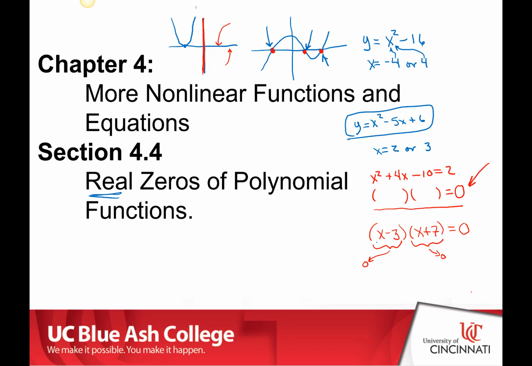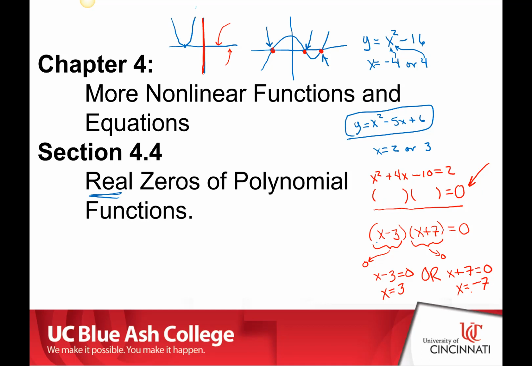Can't get around it. No other way. Well, that then gives you the x minus 3 has to be 0, or the x plus 7 has to be 0. So what are the numbers that'll work? x equals 3, x equals negative 7. That's what makes 0 so special.